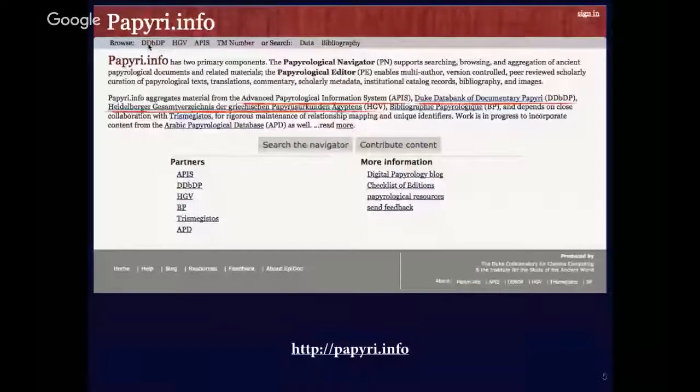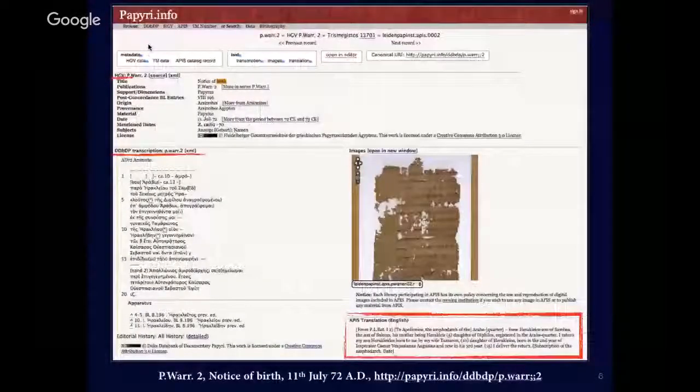Metadata are provided by the Heidelberg Gesamtverzeichnis database and the University of Michigan APIS database. In addition to this, many translations for circa 7,000 texts are available through the Michigan APIS, which also provided images for 3,000 papyri.